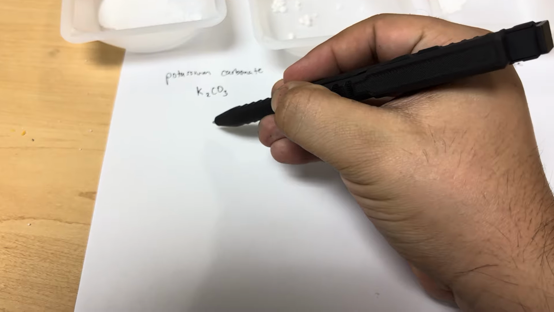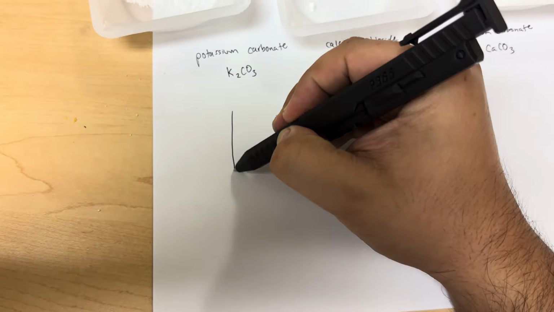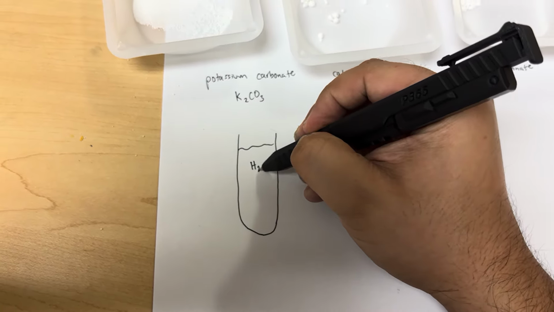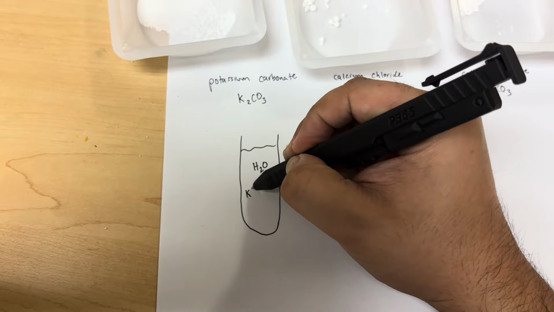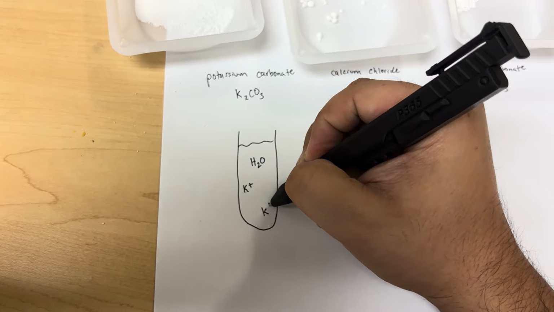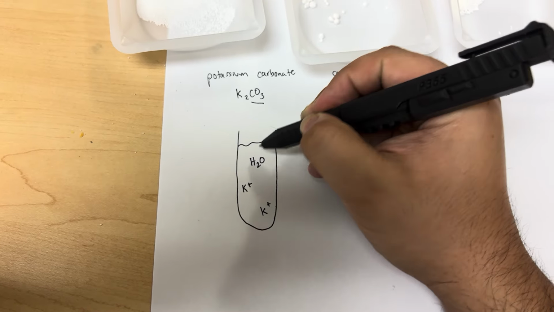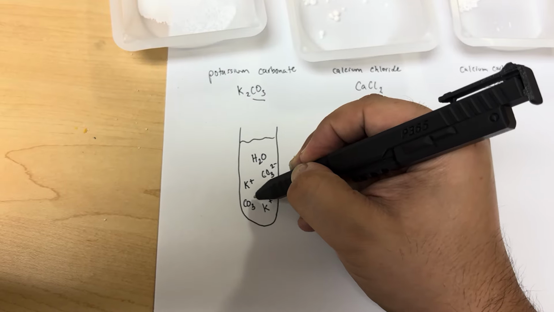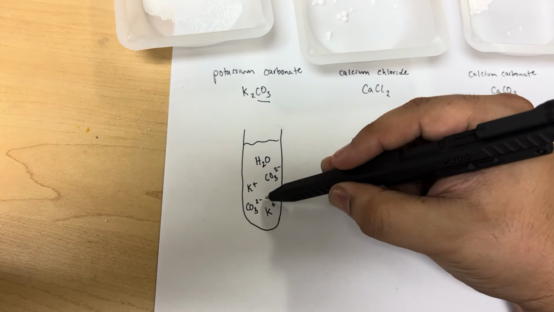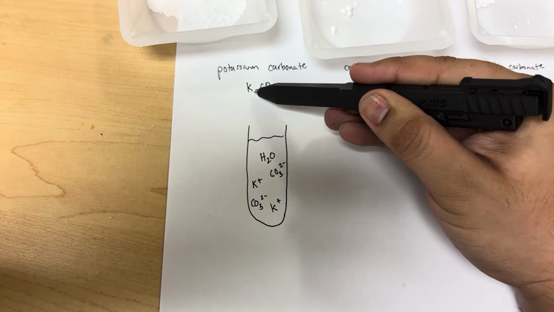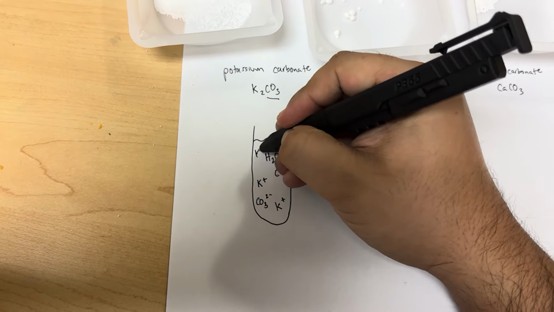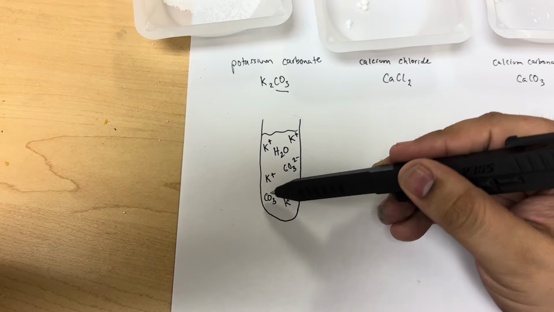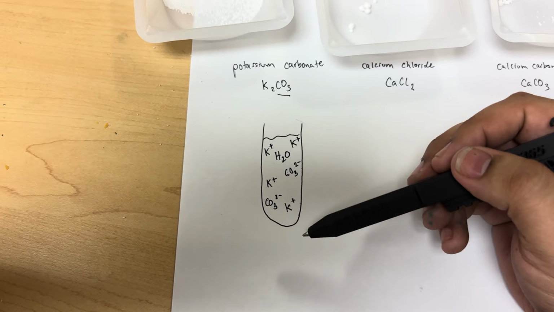Right now, floating around in my potassium carbonate test tube, I know that I have water molecules, and I also have potassium ions, little K pluses, and carbonate ions, CO3s. Each of those has a -2 charge, of course. And I have twice as many potassiums compared to carbonates. So I'll do 2 more. Now I have 4 potassiums and 2 carbonate ions. That's representing what's in my test tube.